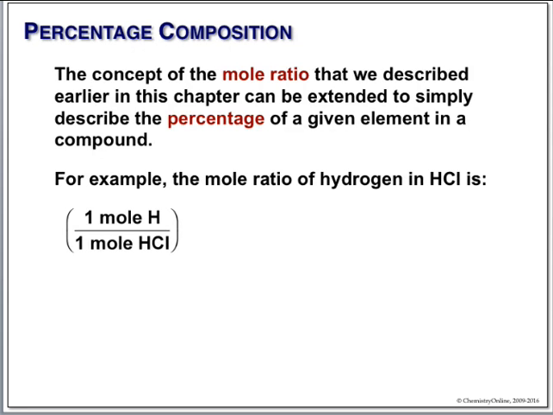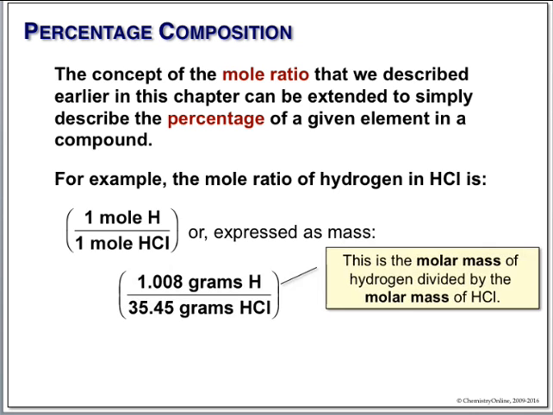If we looked at HCl, and I ask you the mole ratio for hydrogen, everybody here can look at that and say, well, there's 1 mole of hydrogen for every mole of HCl, right? Now, if we look at our periodic table, we know that 1 mole of hydrogen has a mass of 1.008 grams, right?